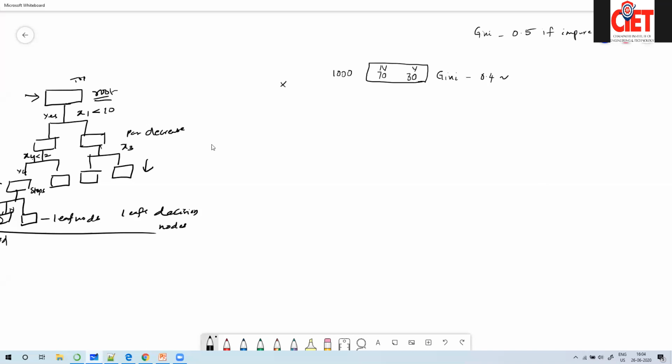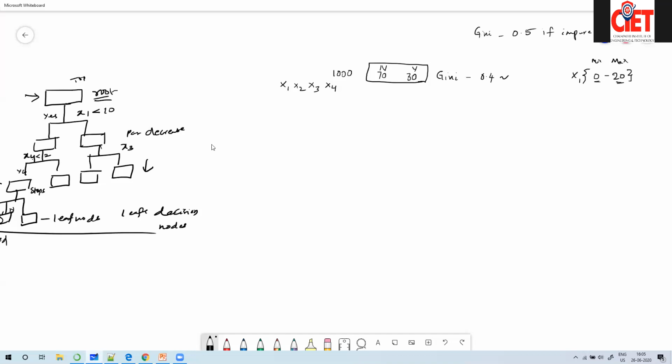We have input variables x1, x2, x3, x4. Now within x1, let's say x1 is taking values from 0 to 20. That's the range. The minimum value is 0, the maximum value in x1 is 20.